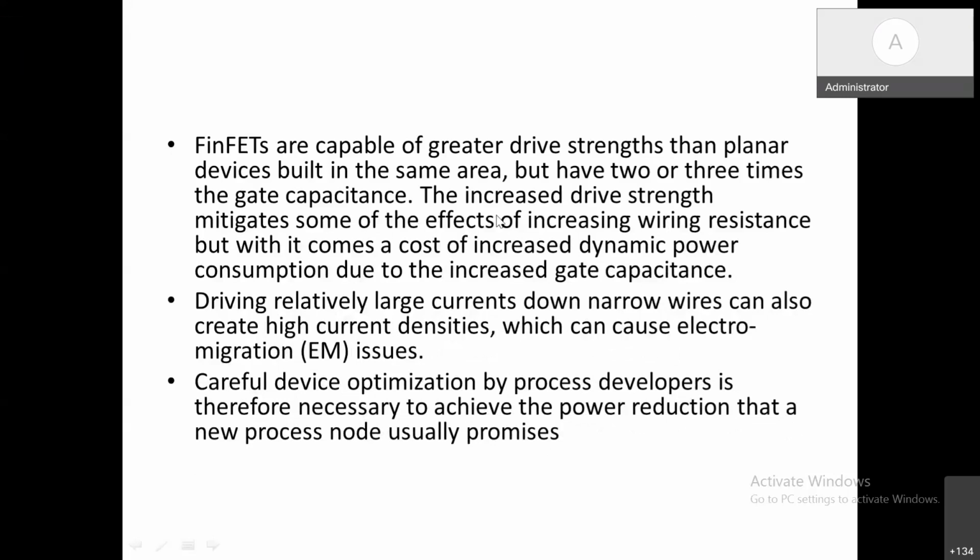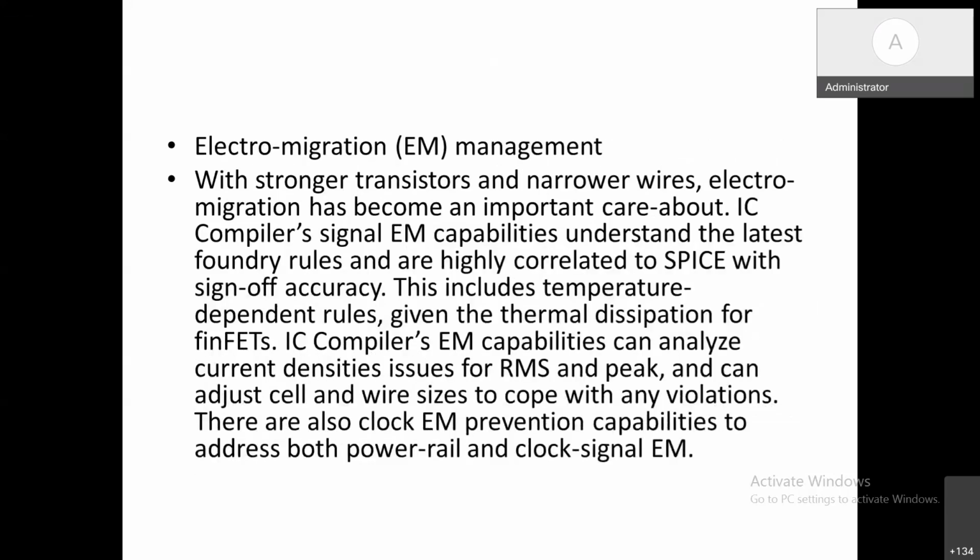This we have seen here, the gate capacitance effect, but here, due to the large currents in the narrow wires, they may create high current densities, which may cause electromigration issues. So this we have to take care of. That's electromigration management.